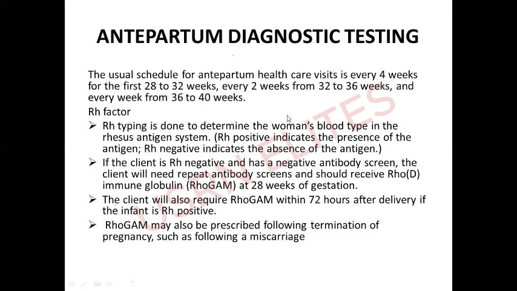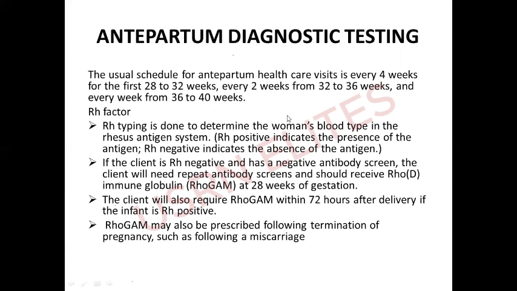Yes, sir, just a clarification. So the test, how is it done? Is it the same as your blood group test? Yes, it's the same, the blood group. So we check your blood group, and let's say you are O positive.